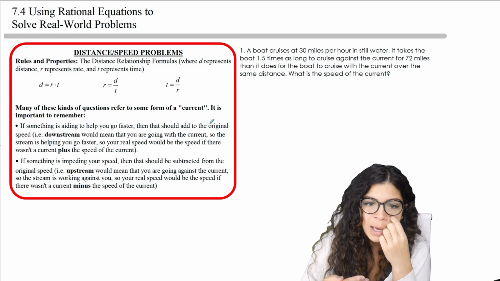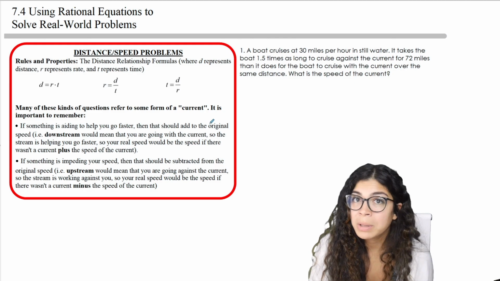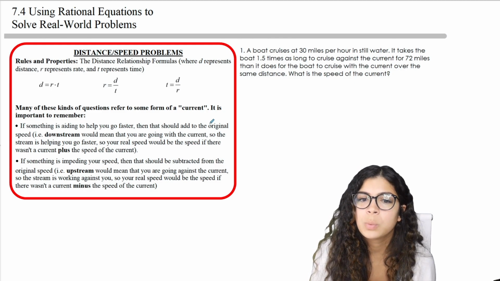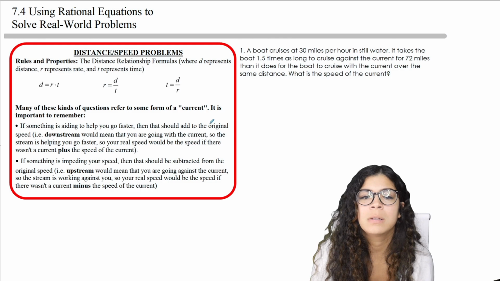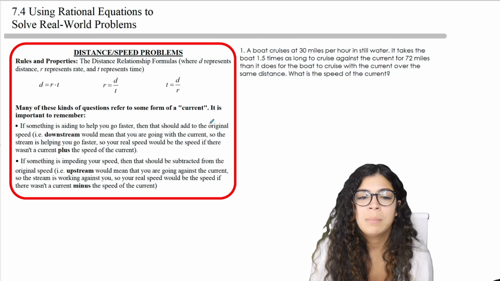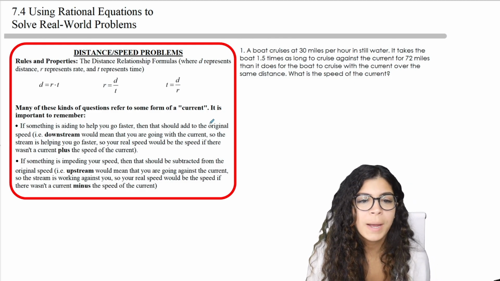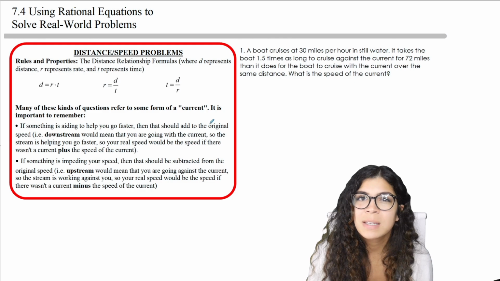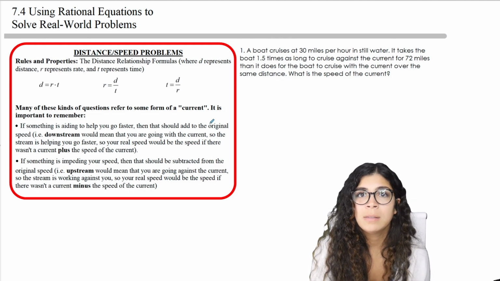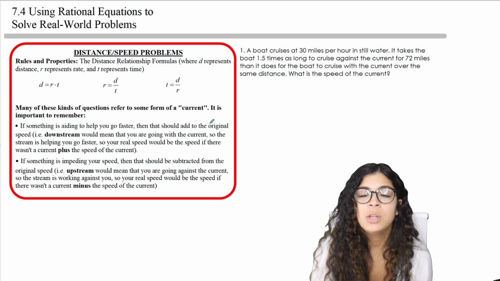And then in that case, you would add the speed that you would normally have if there was no current, which would be your still speed, the speed that you would have in, for example, still water, and add the speed of the current to it. And now if something is impeding your speed, meaning that it's making you go slower, then you would subtract that.